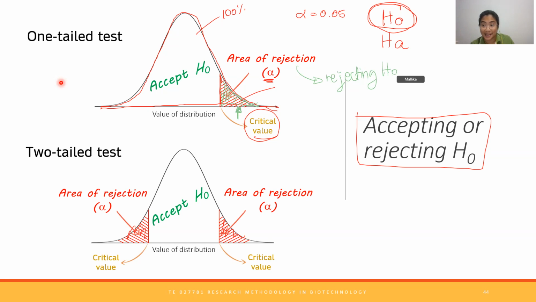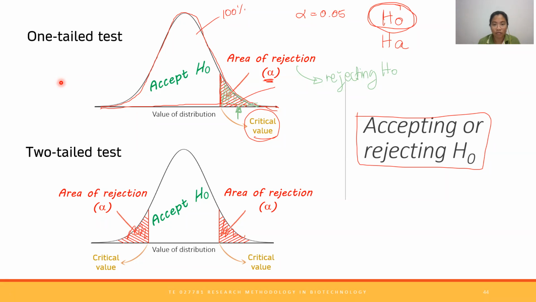It doesn't mean accepting the alternative, but it says that there is enough evidence that the null hypothesis is not correct, and it is somehow acceptable to say that the alternative hypothesis is right. That sort of thing.